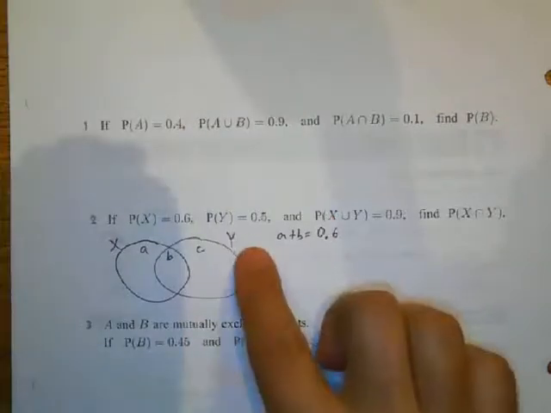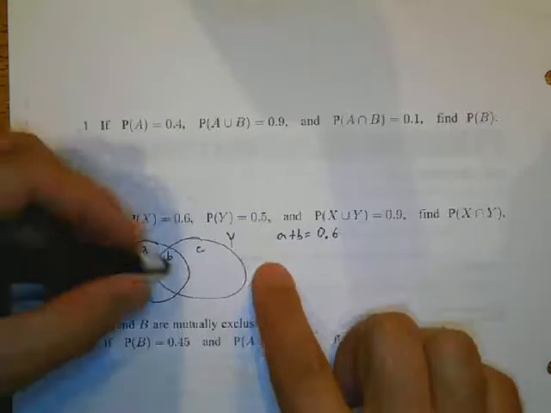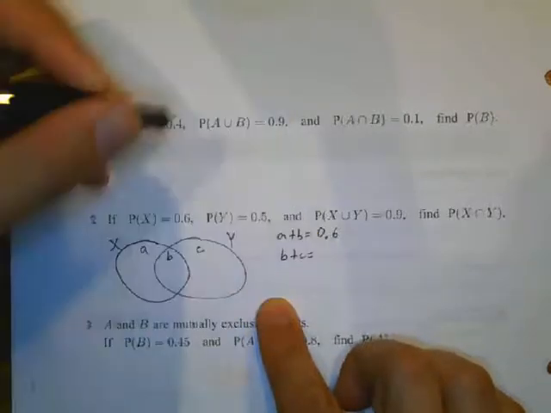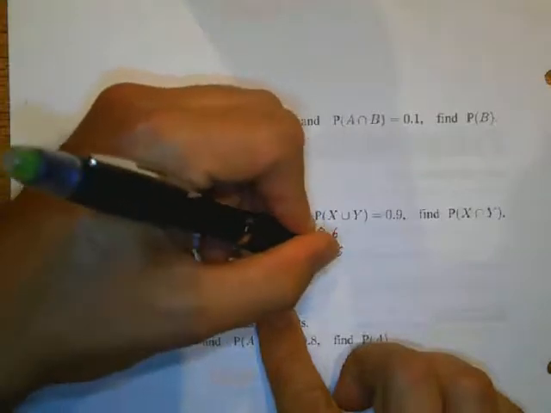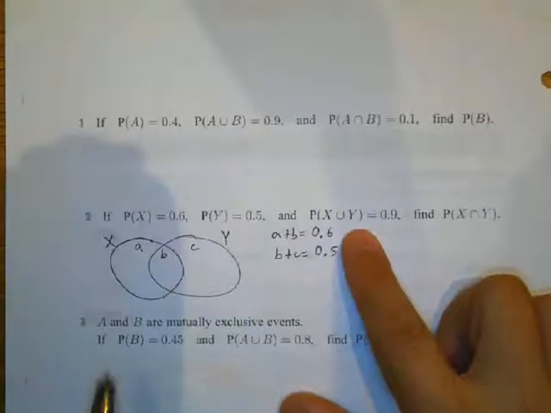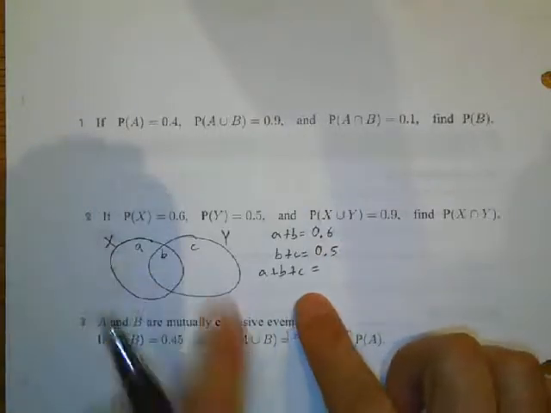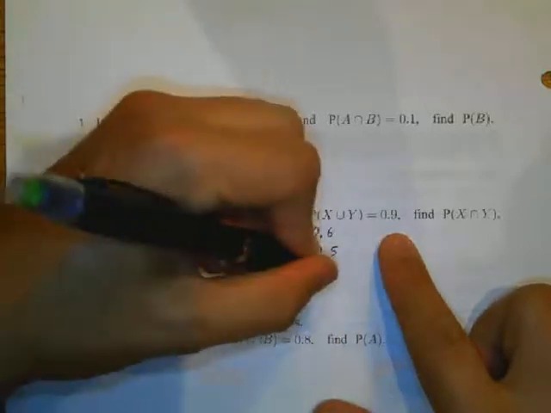The probability of being in circle Y is 0.5, so lowercase b plus lowercase c is 0.5. And the union of these is going to be a plus b plus c. So all 3 of these regions have to add up to 0.9.